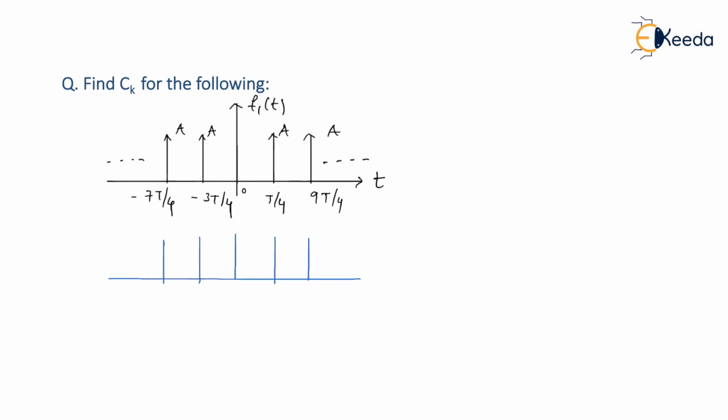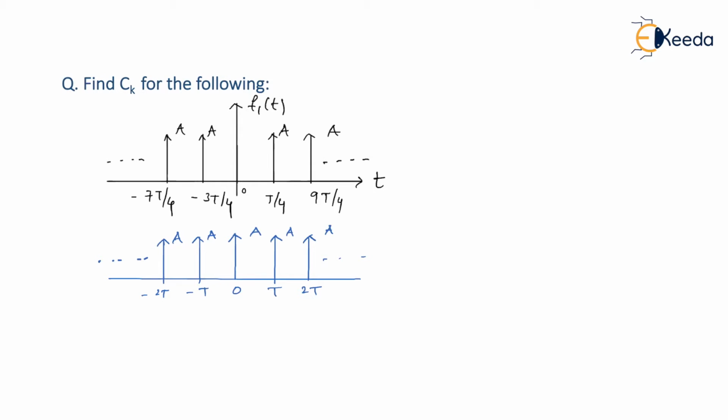We had this kind of signal where the area of every impulse function was the same, which is a. The only difference is that it was present at the specified time interval.